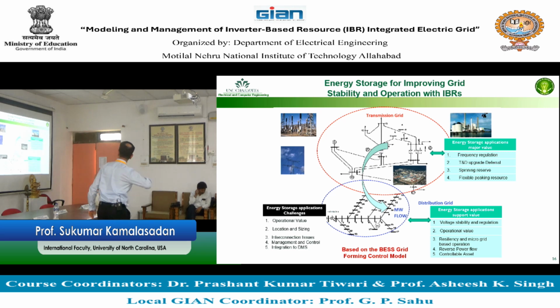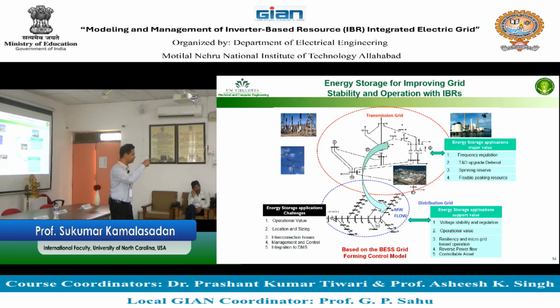So having said that, frequency regulation is done at the transmission level. Unfortunately, frequency regulation is not done at the distribution level. You can do frequency regulation at the distribution level by pushing the power from the battery, which is set by the substation. So how much frequency I need to regulate, I convert that into active power, and then I give that number from the management system to the substation.